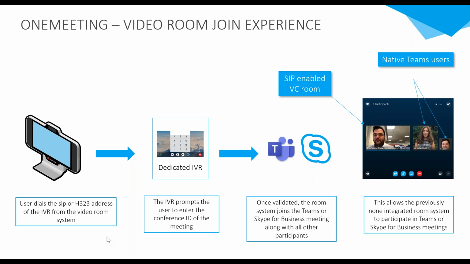It will prompt you to enter the conference ID of the meeting, or the video conferencing ID if it's the Teams meeting, and then validate them, and then it will put you into the Skype or Teams meeting. So you'll sit alongside the native Microsoft Skype or Teams users in the call, but you are joining from a previously unintegrated video conferencing device.